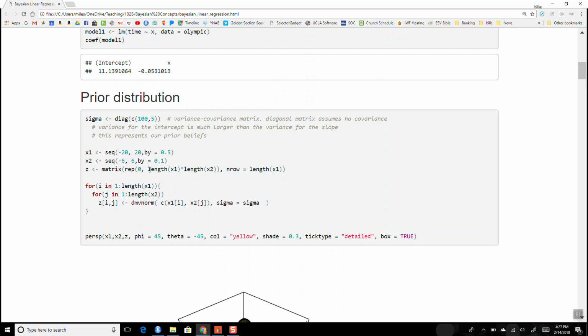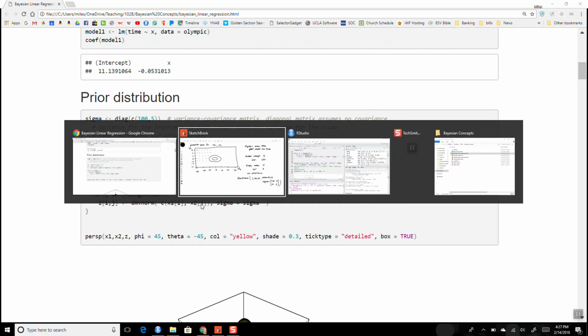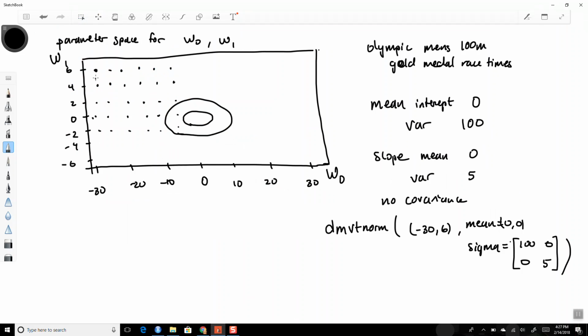I'm going to create a matrix that has as many coordinates in Z as the length of these two grids. Then for every location on Z, I go through every single row and every single column, taking the coordinates x1 sub i and x2 sub j. It starts at 6, -30, then 5.5, -30, 5, -30, and so forth.